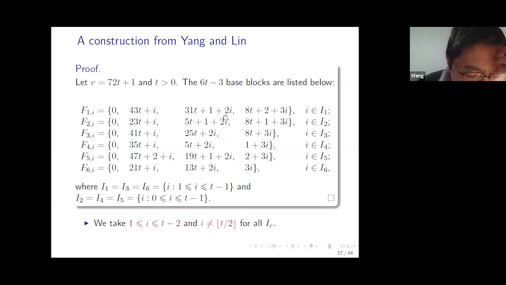Our approach is very simple. We just relax their condition. We require I1, I2, I3, I4, I5, I6 to all be the same. Here, they use i ranging from 1 to t minus 2, and i cannot be half of t. So that means for each case, 3 base blocks are dropped, and there are 6 parts.